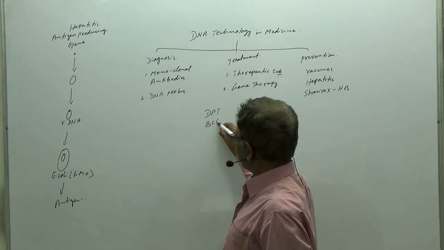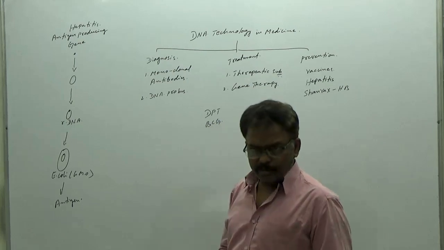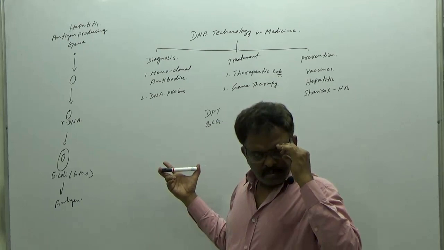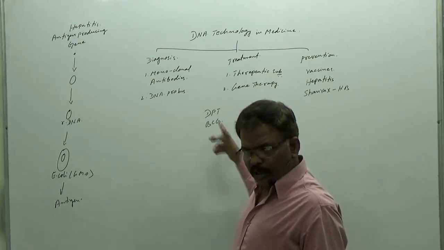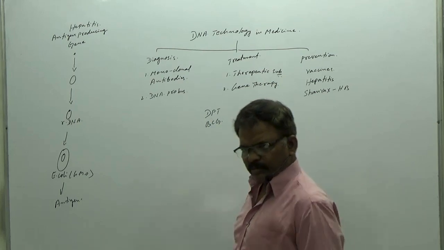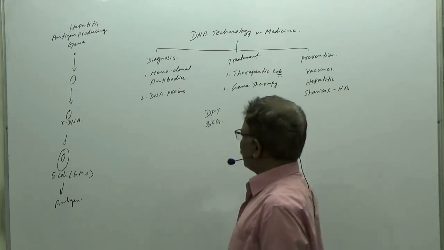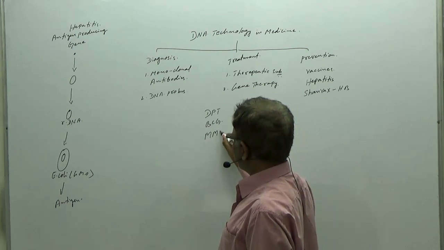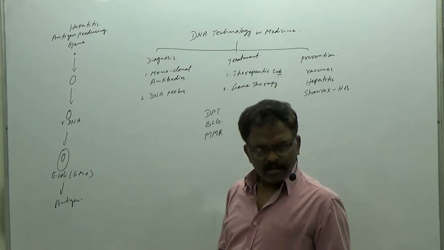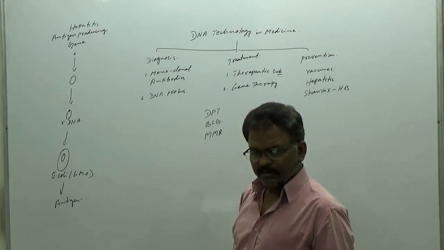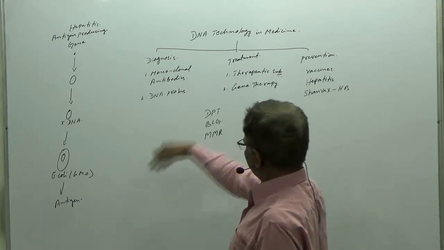BCG vaccine is Bacillus Calmette-Guerin, for TB. MMR is mumps, measles, rubella. These are all different vaccines.